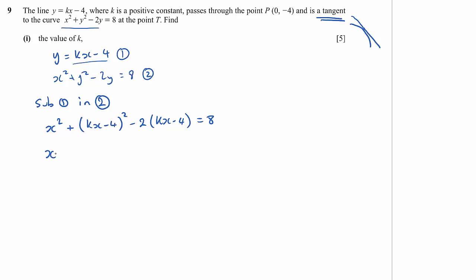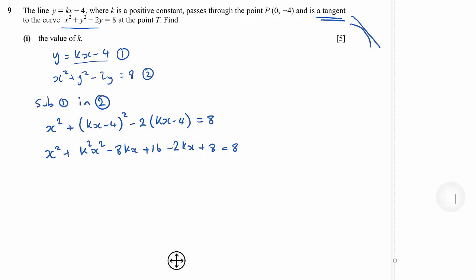So x squared plus k squared x squared minus 4kx minus 4kx minus 8kx plus 16 minus 2kx plus 8 is equal to 8. And clearly those 8s are going to cancel out.